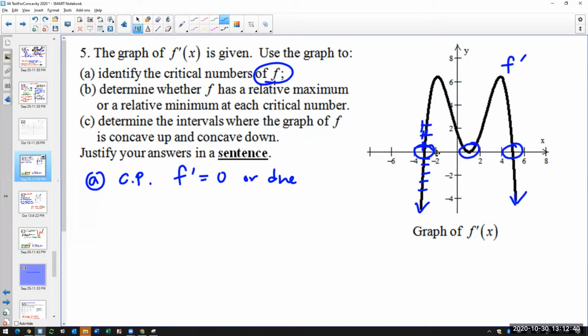So when they ask me for my critical points on f, when I look at f prime, I know that the answer is x equals -3, x equals 1, and x equals 5. Do you see how to pull the critical points? The critical points are when f prime is equal to 0 or DNE, and those were the places where my f prime had the 0 value. All right, next question. Where does f have a relative max?